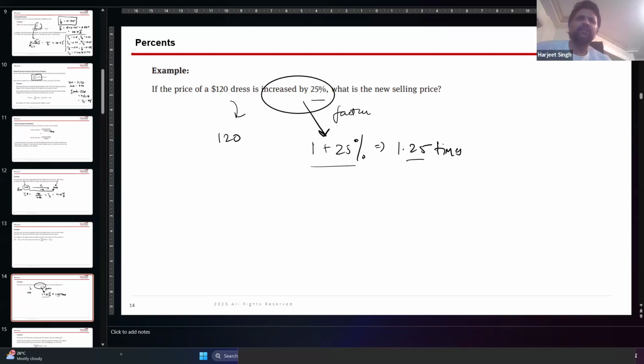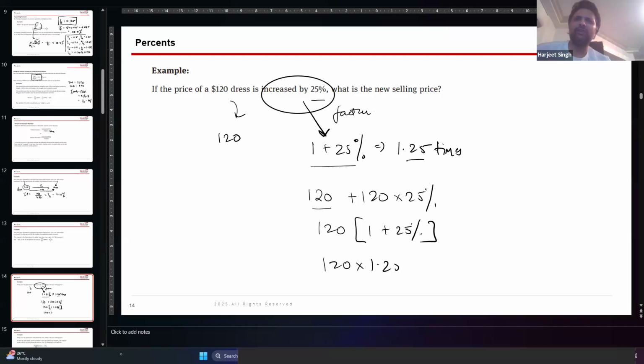Because the original price is 120 plus the increase will be 120 into 25%. When I take the common 120, it becomes 120 into 1.25. So always it's the factor. Whenever we are given percentage increases or decreases, always convert them into factors.